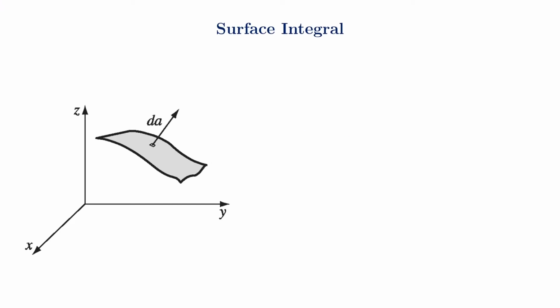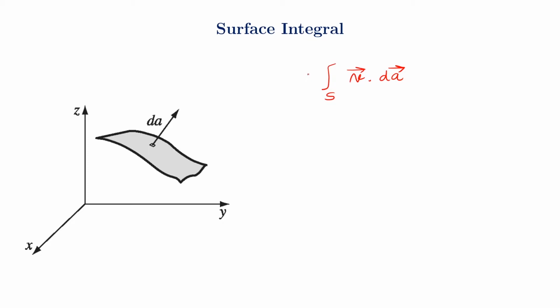Surface integral. Surface integrals appear in the same form as line integrals and have the form integral s v dot dA. Here dA is an infinitesimal element of area, which is also a vector.